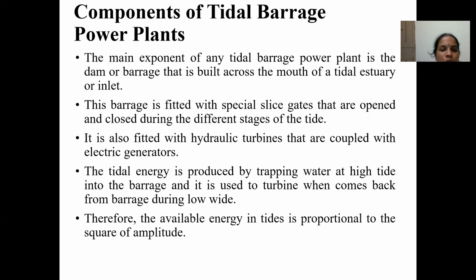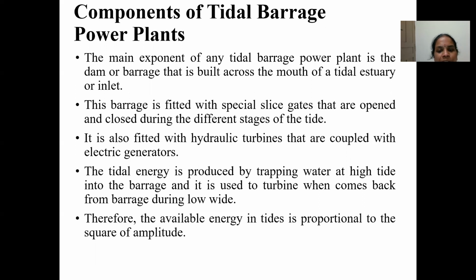The different components of tidal barrage power plants: the main component of any tidal power plant is the dam or barrage that is built across the mouth of a tidal estuary or inlet. This barrage is fitted with special sluice gates that are opened and closed during the different stages of the tide.